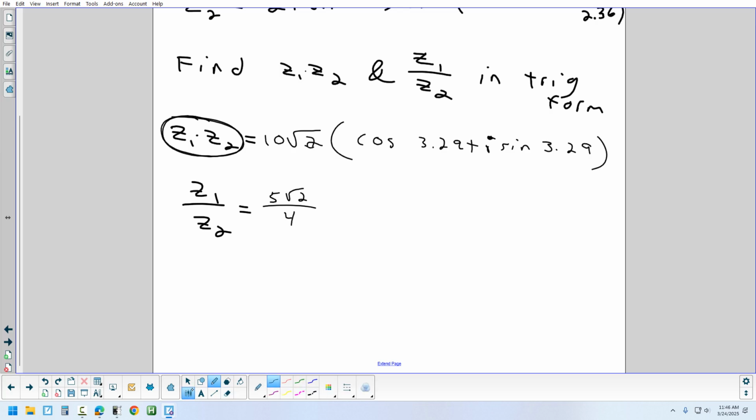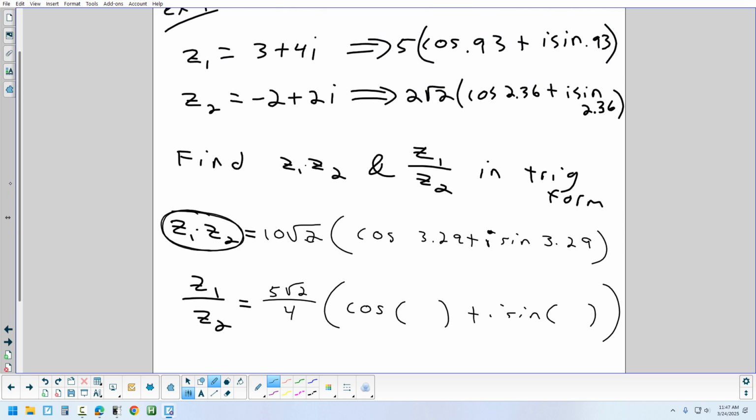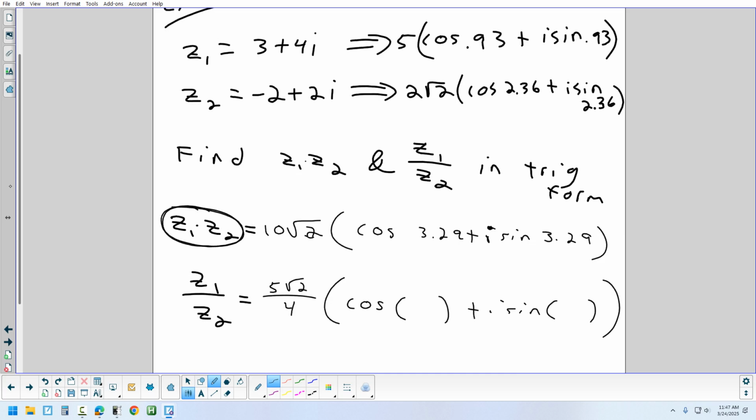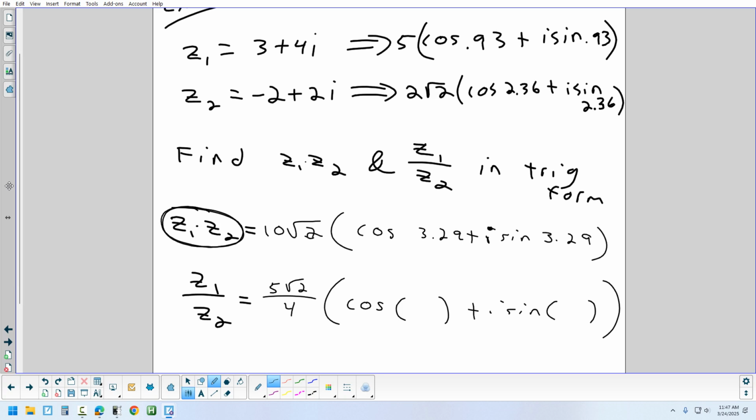Now, what's going to be the angle? Negative 2.36. Okay, and how did you get that? I subtracted 2.36 from 0.93. Okay, so you subtracted 2.36 from 0.93.